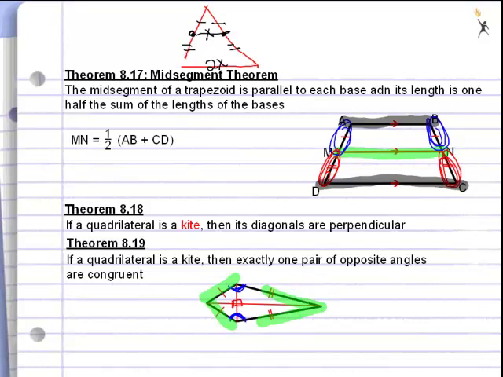And if you can't see that, we can simply redraw those as triangles. And you can see that one of them is more acute than the other, meaning it's less than 90. So the properties of a kite that we're given so far are not only that the diagonals are perpendicular, but that one pair of opposite angles are congruent.